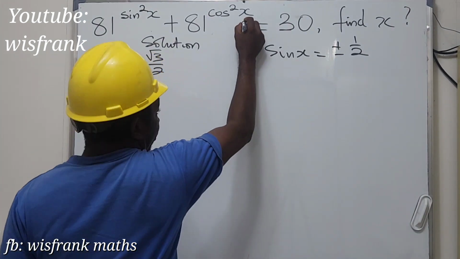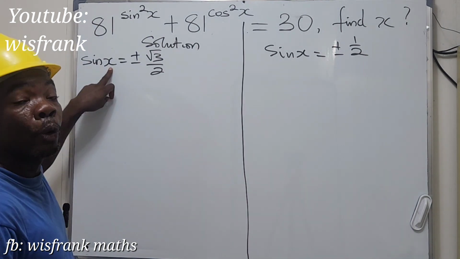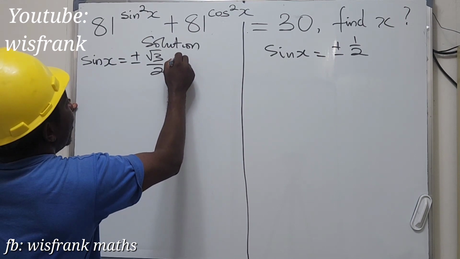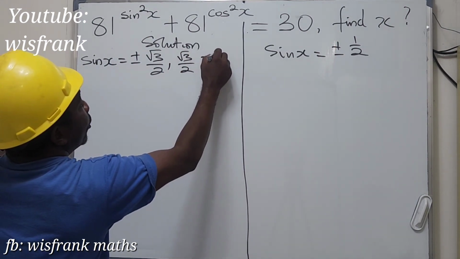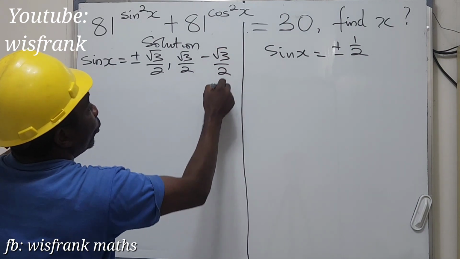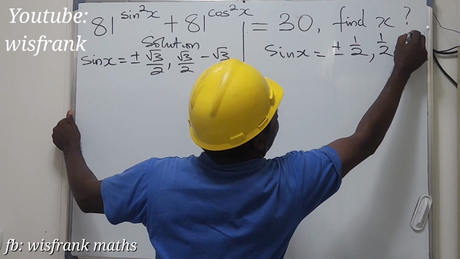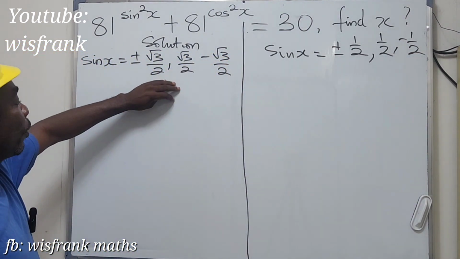We have these two solutions, and we are going to look at the quadrant where we can find the value of x. The first one is root 3 all over 2, and the second is minus root 3 all over 2. Then the next one will be 1 all over 2, and the second one minus 1 all over 2. Those are the values of x that we are going to find.